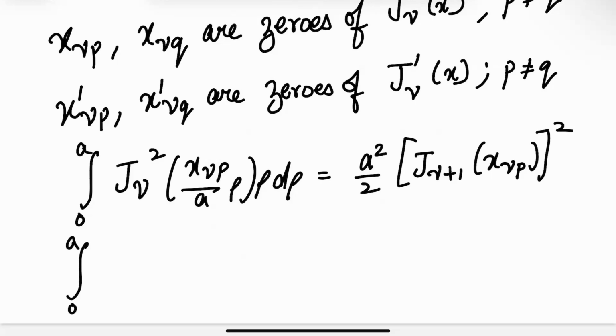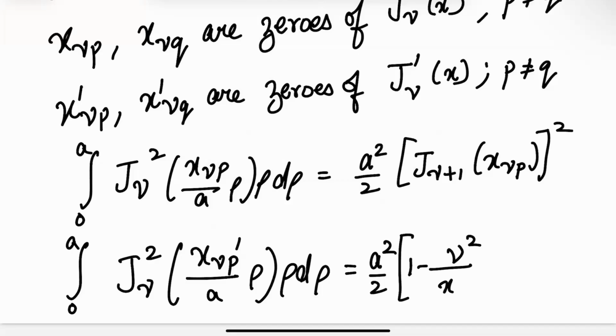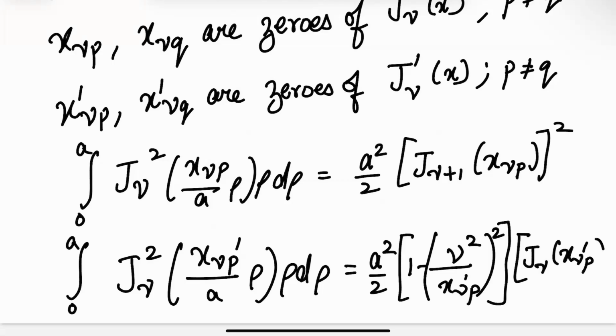And you also have for the J_ν prime, the integral of J_ν²(x'_νp ρ/a) ρ dρ is equal to (a²/2)(1 - ν²/x'_νp²) J_ν²(x'_νp).